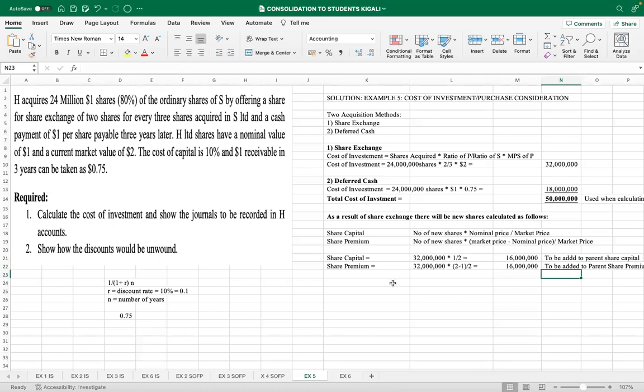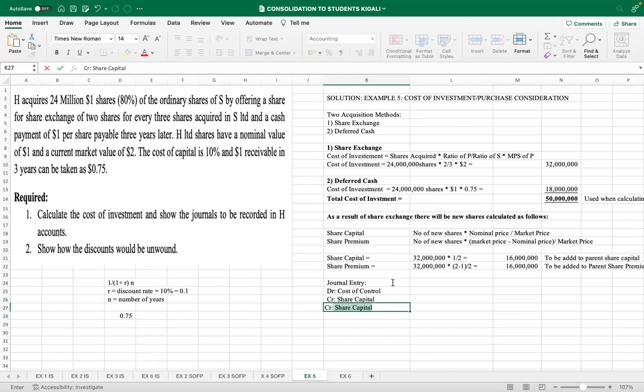So if somebody asks you for the journal entry, I'm just trying to kill many birds with one stone. For every transaction, there is a debit entry, and the debit entry is the cost of control. And there are 2 credit entries: what goes to share capital, and what goes to credit share premium.